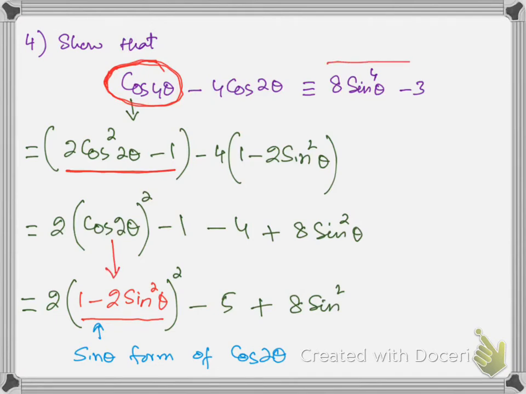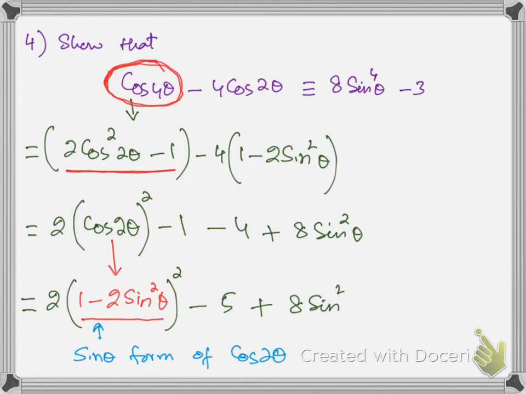If your answer is in the form of sine, then here you need to use sine form. What if we had our answer in form of cos? Let's suppose we had this thing. So we had to use cos form here. This is very important. So be careful while using the double angle at the second time.